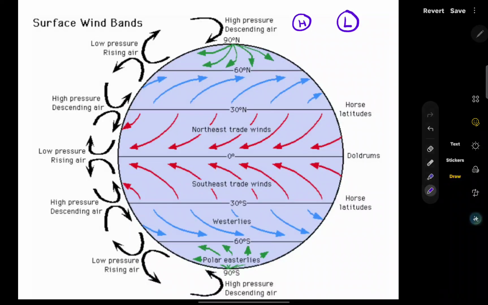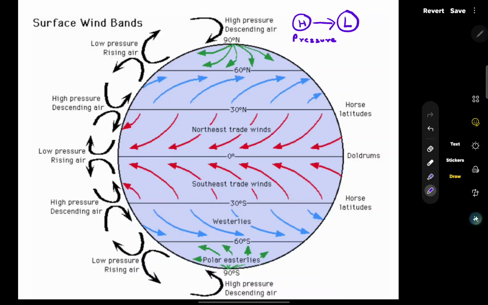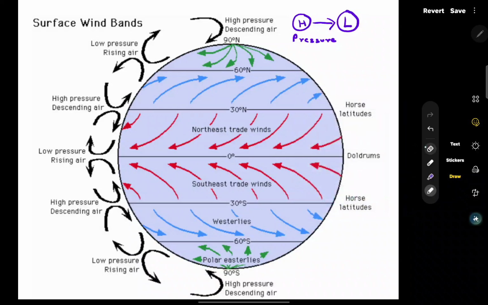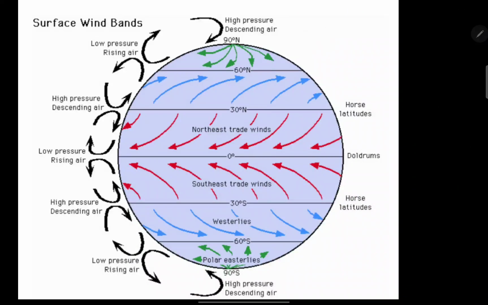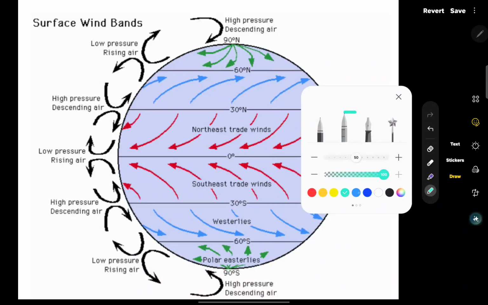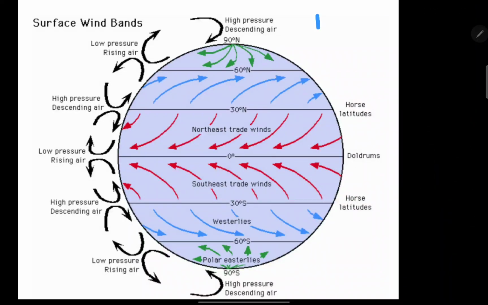Wind will always travel from a high pressure area to a low pressure area. Wind always travels from high to low.